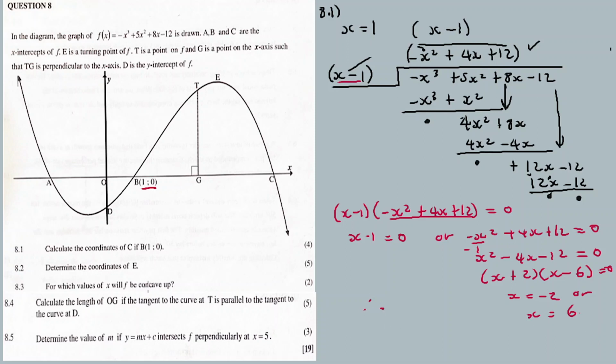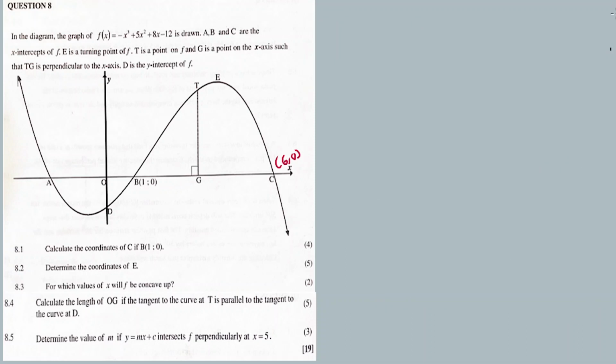Therefore they want the coordinates of C only. So it is 6 and 0. So the coordinates for C are 6 and 0. So let me erase it. Alright, now 8.2. As for 8.1, I spent time explaining it on its own.